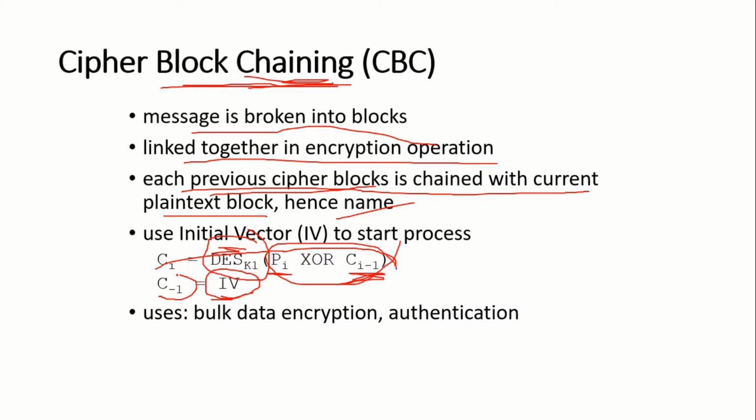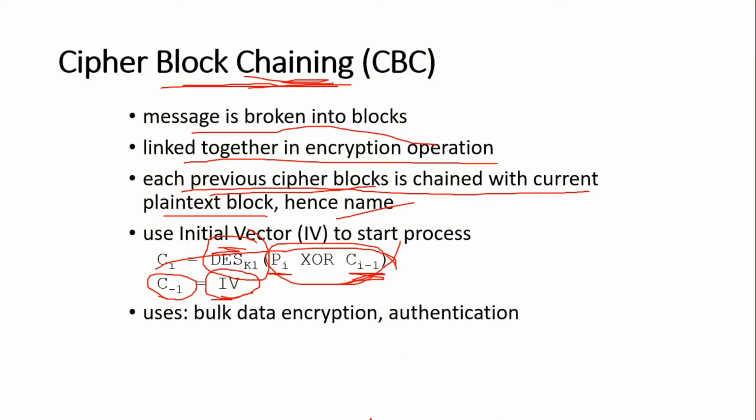And this C minus 1, the cipher block which we use for the very first plain text, we represent as IV, which is the initialization vector. This initialization vector is agreed upon by both the sender and the receiver. It can be any random bits. Fine. So this mode of operation we use for bulk data encryption and for authentication purposes.